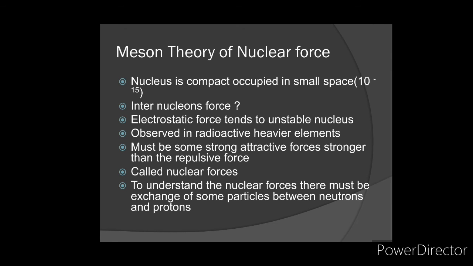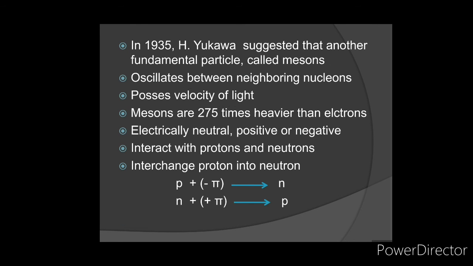In 1935, Yukawa suggested that other fundamental particles, which he called mesons, must oscillate between neighboring nucleons. These are the particles which hold two nucleons together in the nucleus.